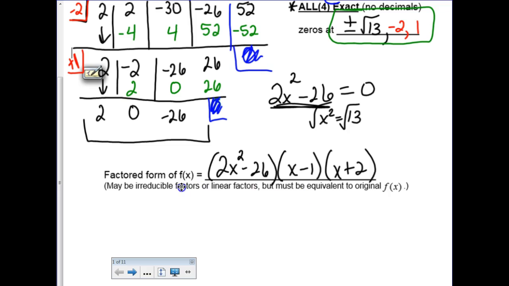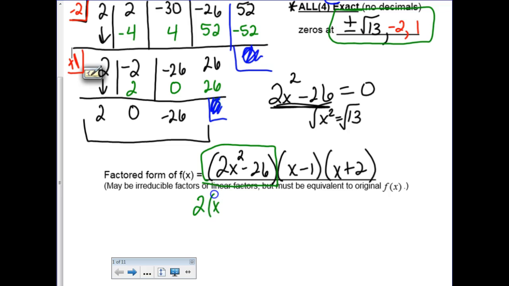So this one's kind of weird because of the instructions. It says maybe irreducible factors or linear factors. A little bit of a debate on whether this one's irreducible. So some of you who really just love factoring like I do say that's not irreducible, meaning I can factor it. So some of you are going to take the 2 out, and then you're also going to factor the x squared minus 13.